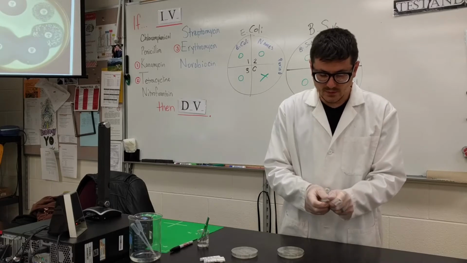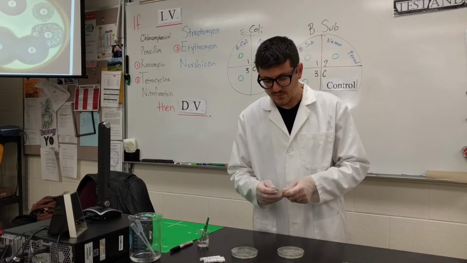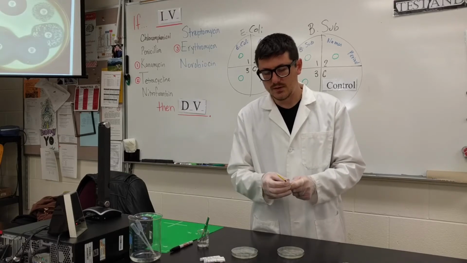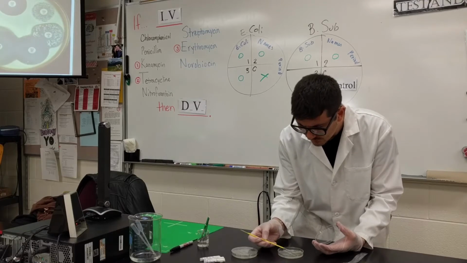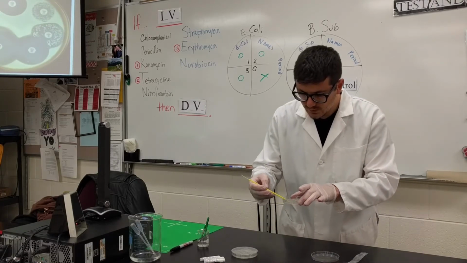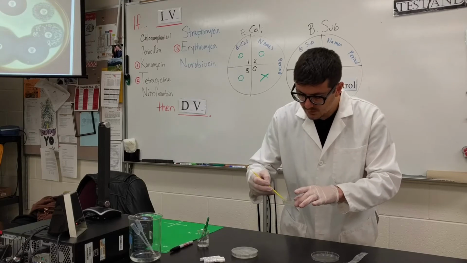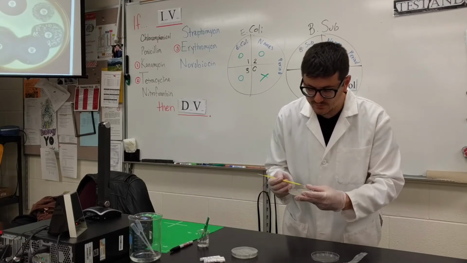Now we're going to evenly distribute. Right now I just have a bacterial puddle and I want a film. So just carefully back and forth. And don't gouge the agar like I just did.